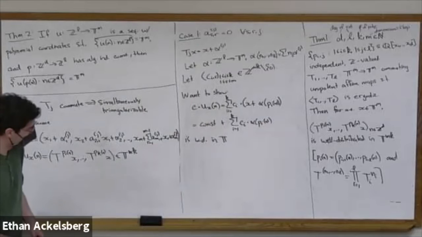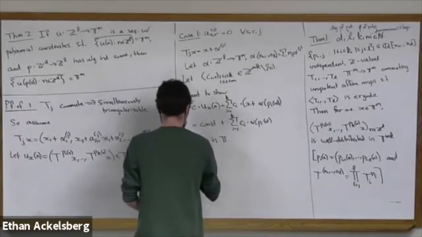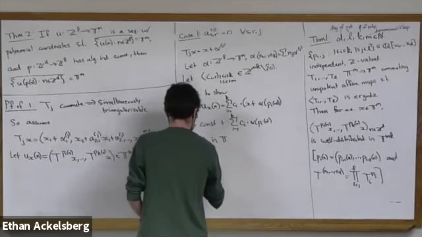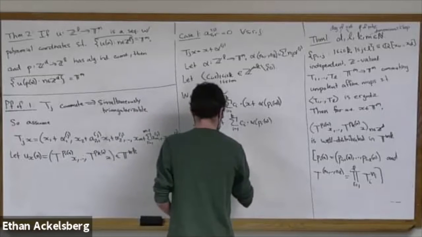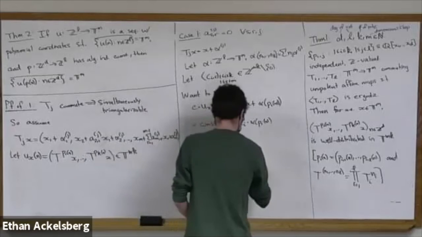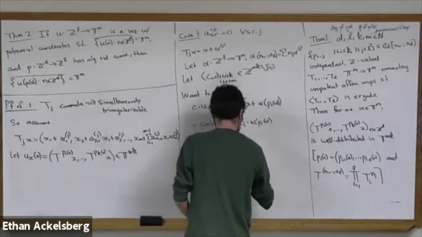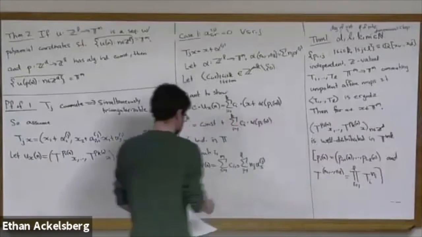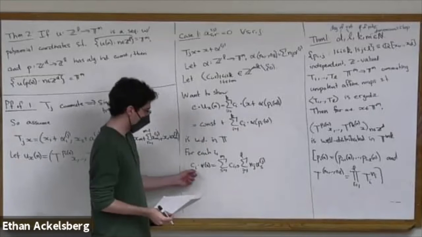Okay, let's just say, so for each i, do c_i dotted with alpha of n. What am I doing? I'm summing over the coordinates.